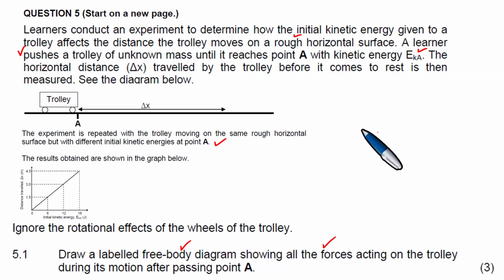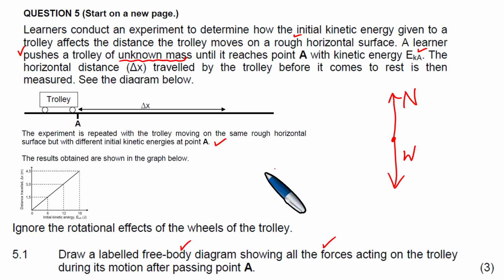What we need to do is consider the trolley as a particle, but this trolley has a mass. Although we're told that it is of unknown mass, we know very well that it has a weight. We also know there is the normal force exerted by the surface on the trolley.